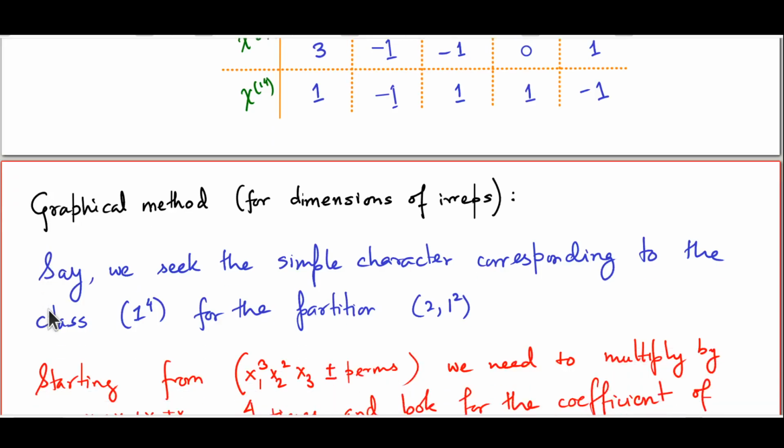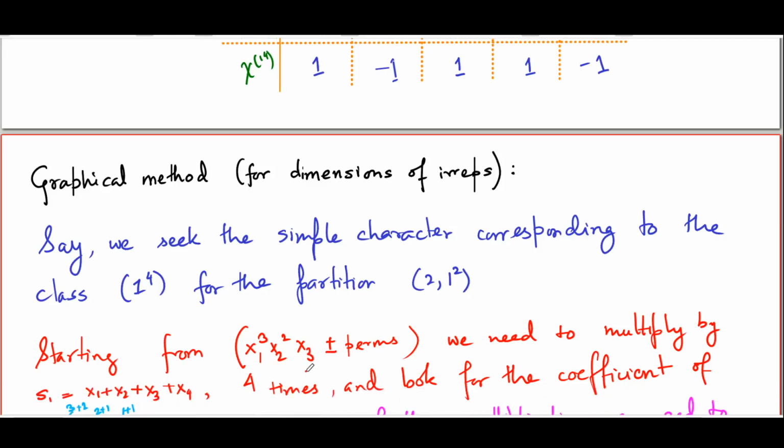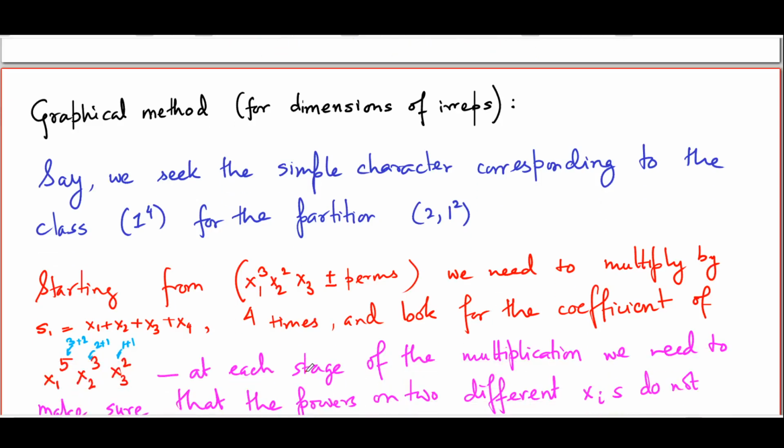We started from x1 cube, x2 square, x3 plus or minus terms with permutations. That's the anti-symmetrized version, which actually is D. Now what we need to do is multiply by S1, x1 plus x2 plus x3 plus x4, 4 times, because what we need is S1 to the 4, and finally look for the coefficient of this particular quantity, x1 to the 5, x2 cube, x3 square, which is of course what you get when you start from this and multiply by x1 square, x2, x3.